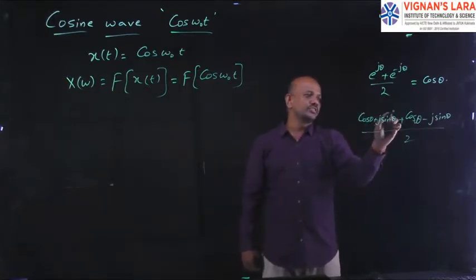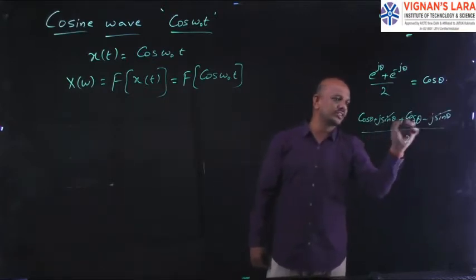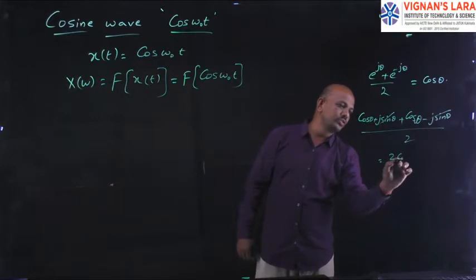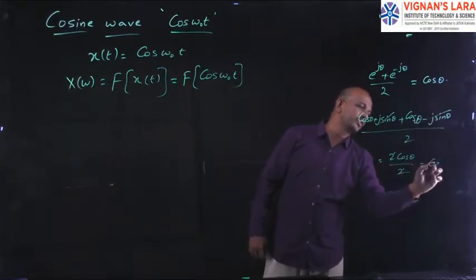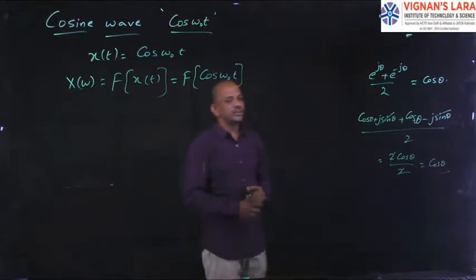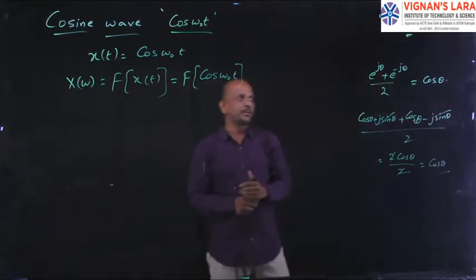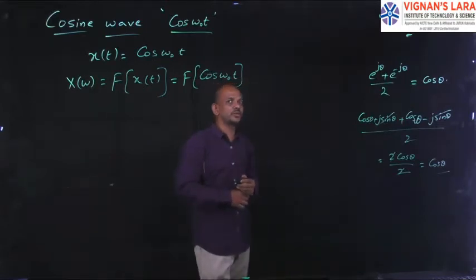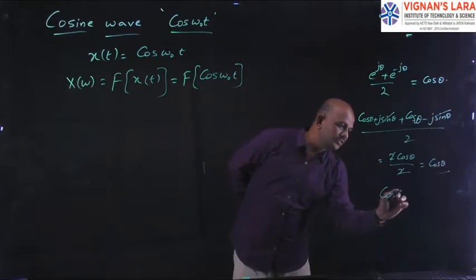So plus j sin theta and minus j sin theta get cancelled. Cos theta plus cos theta will be equal to 2 cos theta by 2. The 2 gets cancelled, that will be equal to cos theta. So the formula for cos theta is e power j theta plus e power minus j theta by 2. Using that, what will be the formula for cos omega naught t?